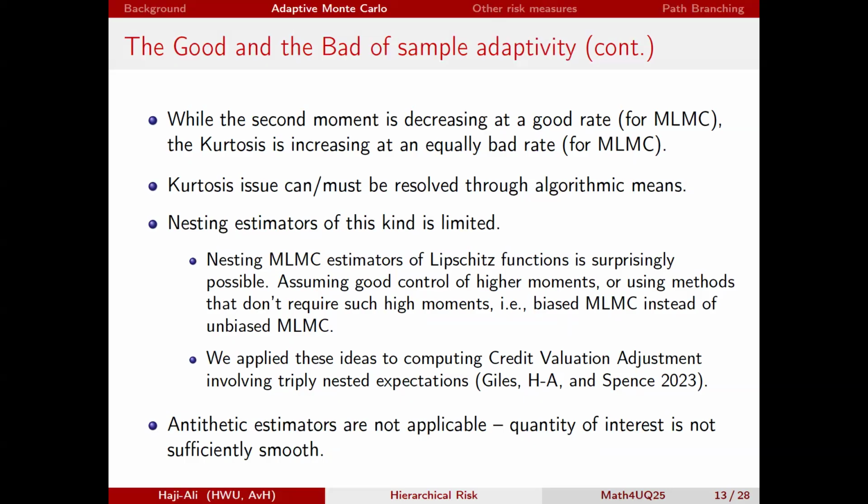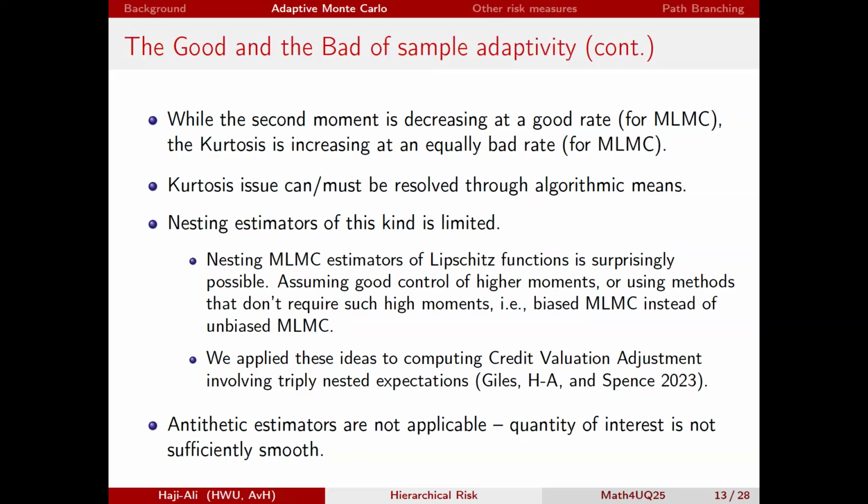Compare this, for example, to nesting MLMC estimators of a Lipschitz function. That's actually very possible, assuming that you can control the higher moments or use methods that don't require such higher moments. So, for example, we argue in our publication on credit value adjustment, where we have a triply nested expectation, that biased MLMC is a better alternative than unbiased MLMC, because nesting it does not require these higher moments.